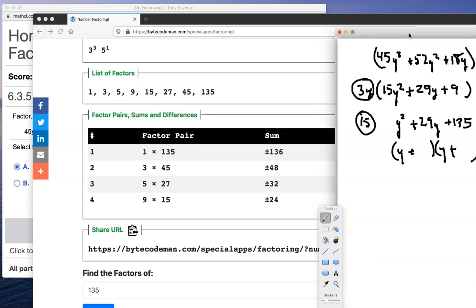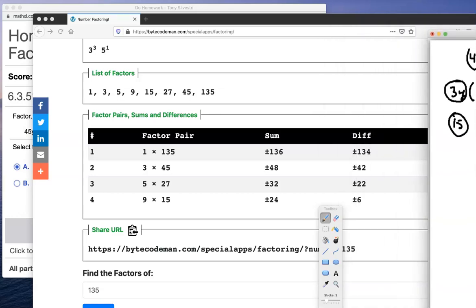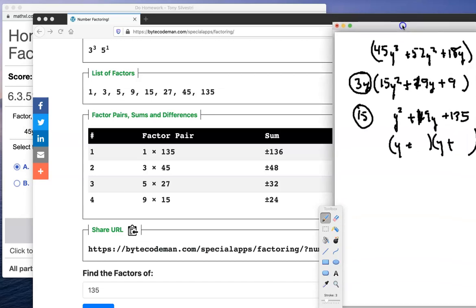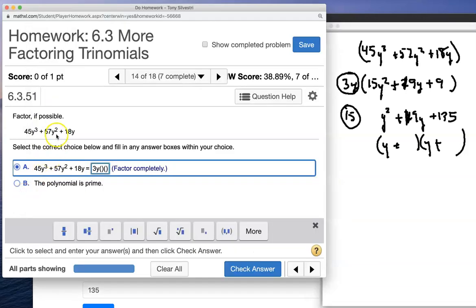I'm looking for 2 numbers that multiply to 135. 15 times 9 is 135. This should have been 19. I entered 135. I'm not seeing 19 as an answer. What is going on here? Oh, because I can't do math anymore. Maybe I should retire.